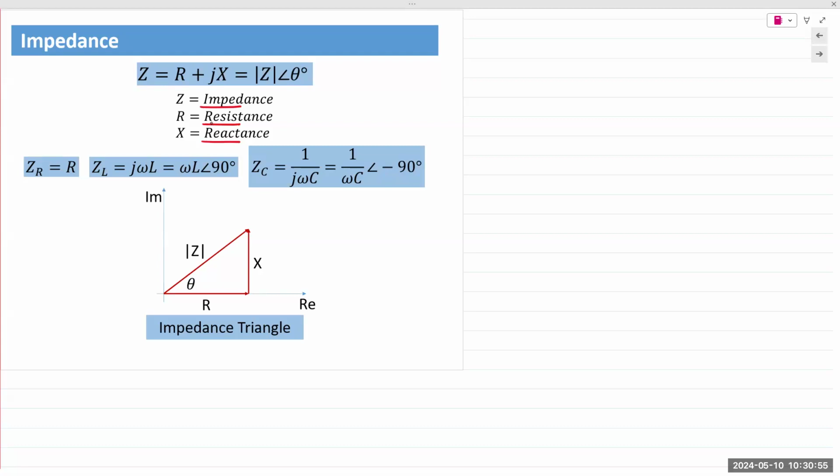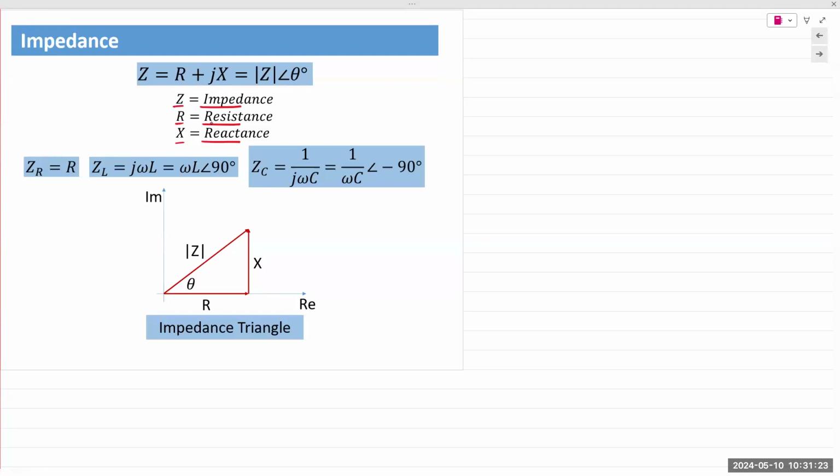More specifically, we represent reactance with the imaginary number. And when you combine resistance and reactance together, you obtain what is known as impedance. The representation symbol for impedance is Z. Resistance, of course, is R.